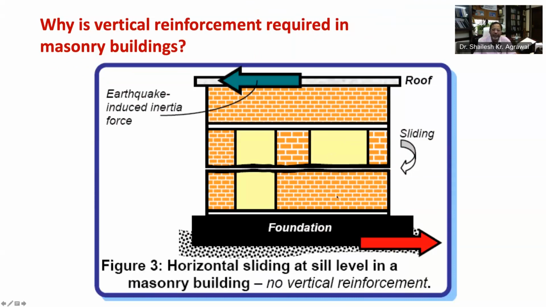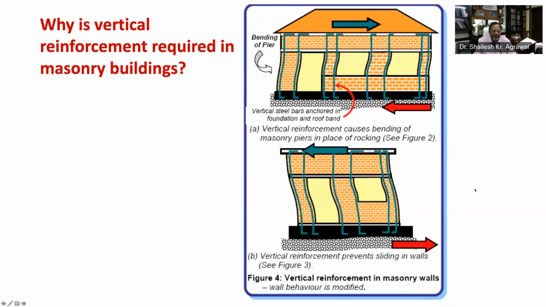Sometimes building may also slide at the plinth level. The exact location of sliding depends on several factors such as building weight, earthquake-induced inertia forces, size and area of openings, and type of door frames, etc. The vertical reinforcement helps prevent this sliding, which will be explained to you now.